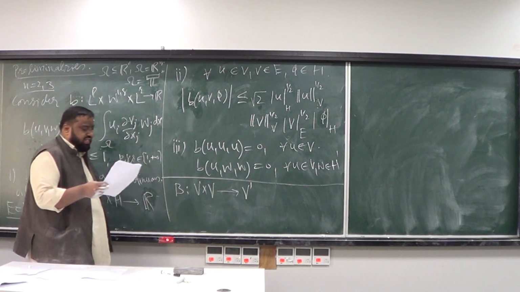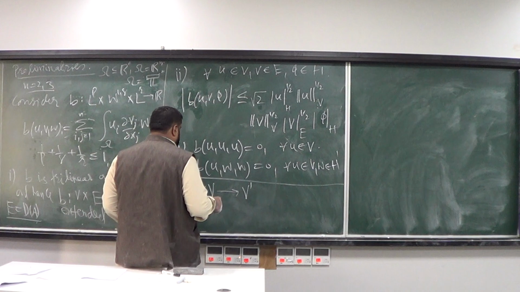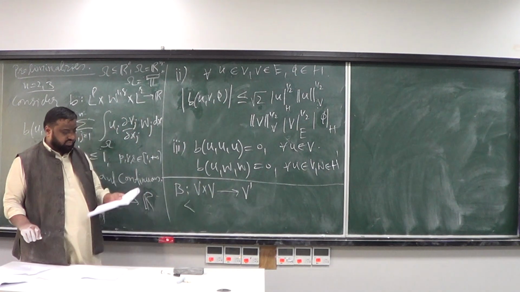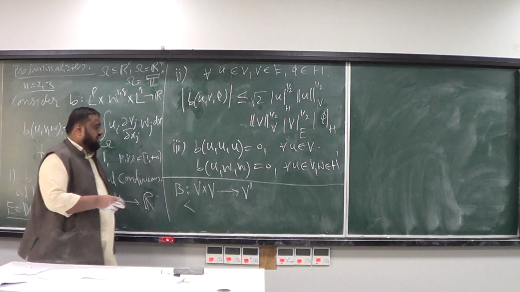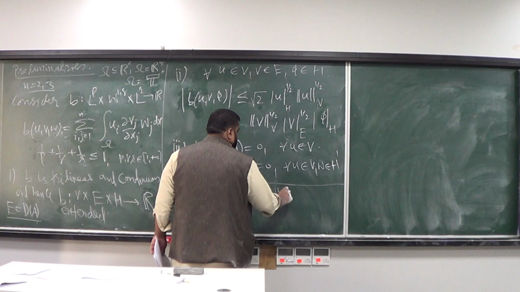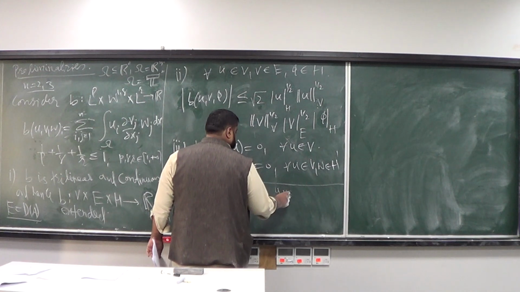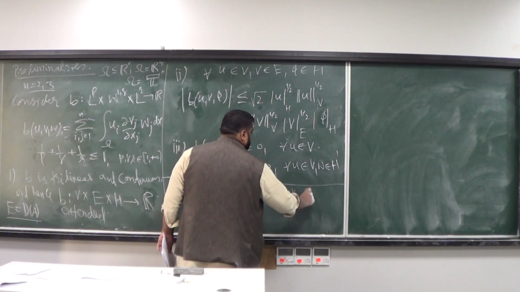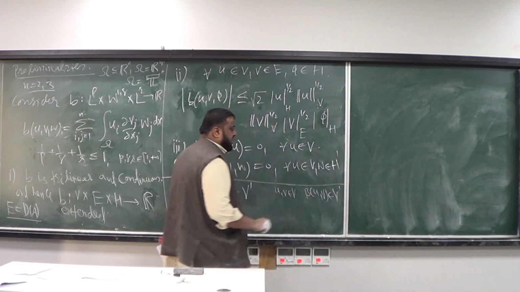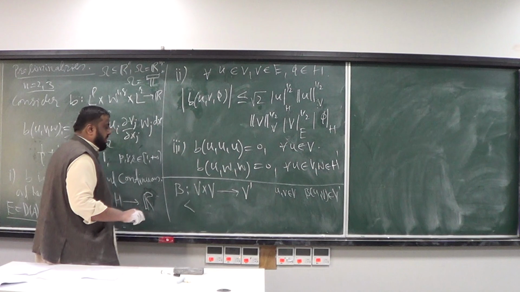And how do you define this B? You define this B as a duality. Okay, so if I take for example U, V from V, then I know that my B(U,V) is in V prime.